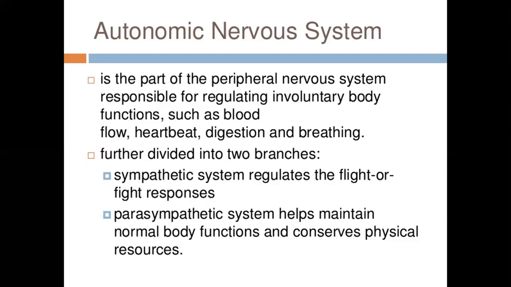Is it clear? To normalize this condition, the parasympathetic nervous system takes action and normalizes all the functions. How? It causes the pupil to contract, promotes digestion, and slows the heartbeat and breathing rate. Is it clear? This is about the sympathetic nervous system and the parasympathetic nervous system.